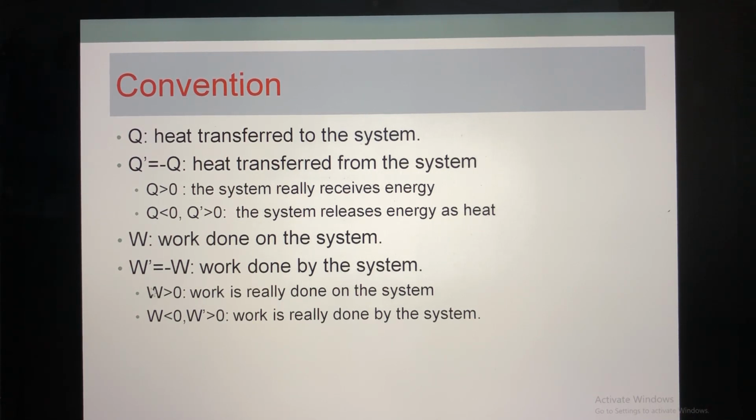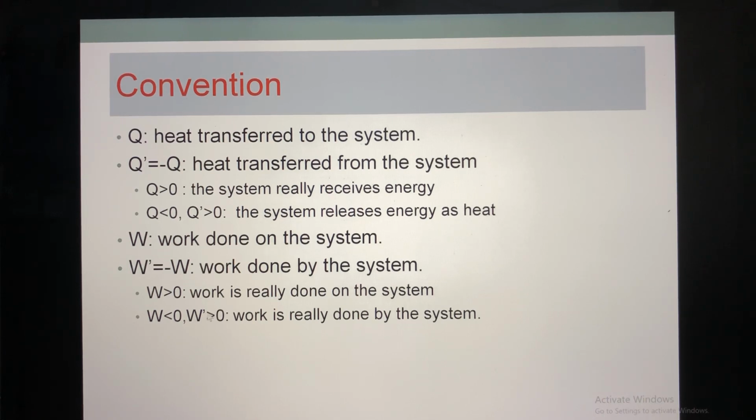Therefore, the work here is greater than 0. And in the opposite direction, if the system does work, that work we denote as W prime, and in that case the work will be negative.